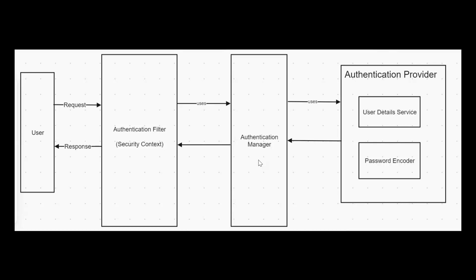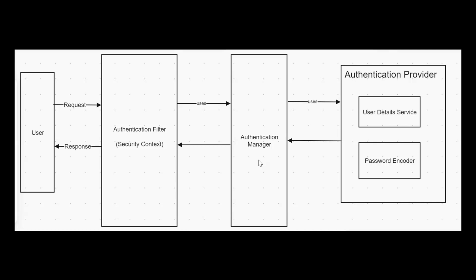So by using the user detail service and password encoder, the authentication provider will check whether the user exists or not. The response will come back to the authentication manager, and the authentication manager will send the result to the authentication filter.